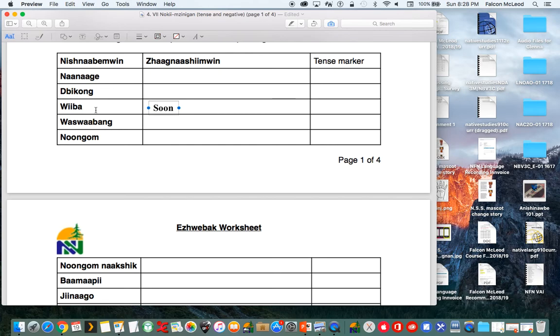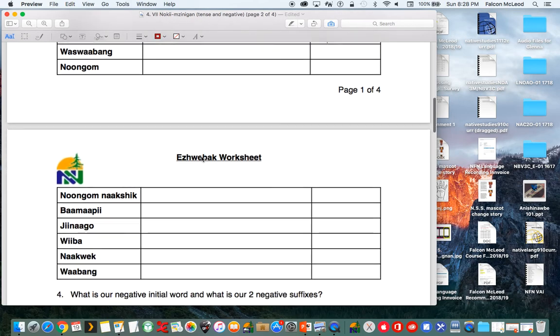Now, here's the trick to understanding weeba. If you're talking weeba as something like in and translating it as soon, that means it's going to happen in the future. All right? So if weeba is earlier, it's in the past. But if you're talking about something in the future, weeba means soon because it hasn't happened yet. So we're going to put in the future tense marker because it hasn't happened yet. It's going to happen soon, like that. All right?